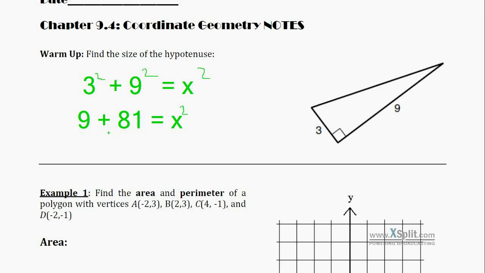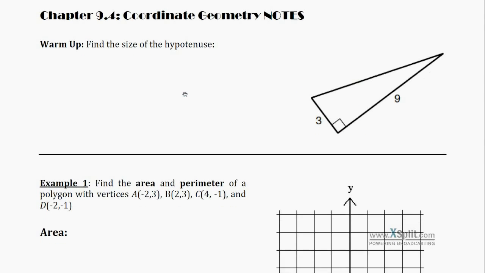And then from there, 9 plus 81 is 90, so 90 is really equal to x squared. Square root both sides, and you should get something a little bigger than a 9. The square root of 90 is about 9.48, 9.49, somewhere around there. X is about 9.49.